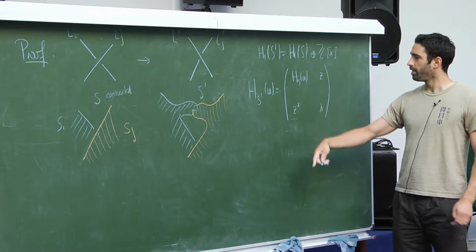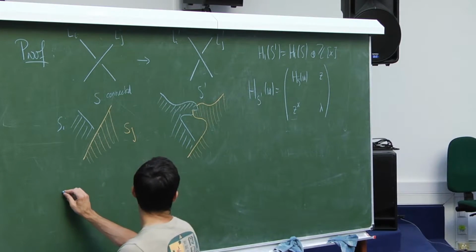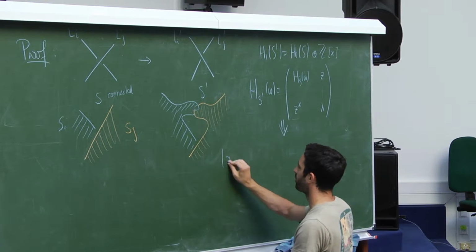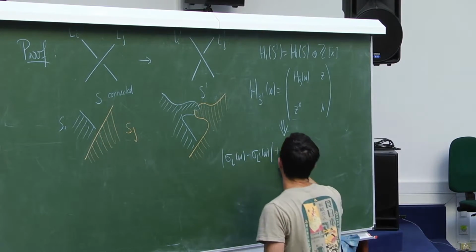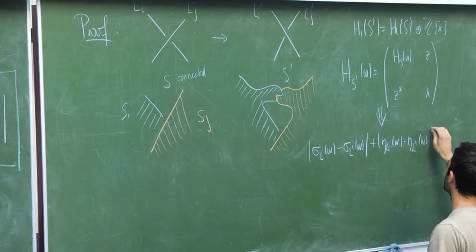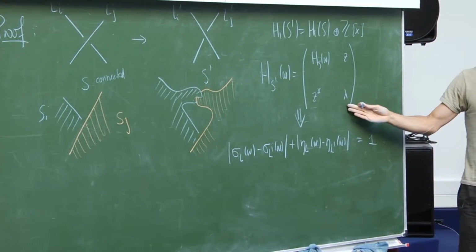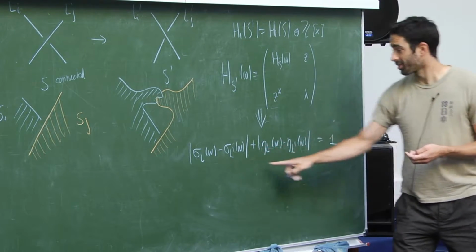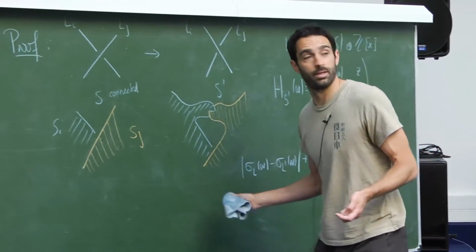And then it's basic linear algebra to show that this means that if you look at the difference of the signatures plus the difference of the nullities, this is equal to 1. Basically, you add one eigenvalue, which can be 0, in which case you have a 1 here. It can be plus minus 1, you have 1 here. So this is equal. But now we're done.